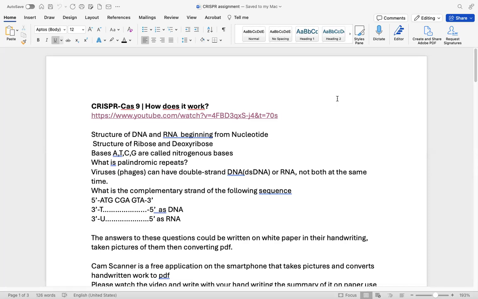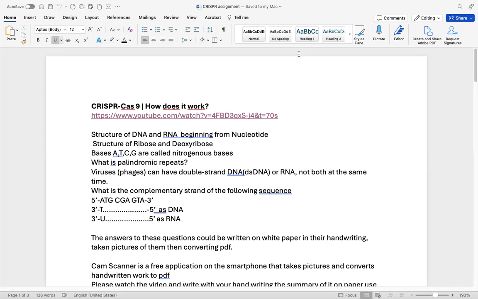We have actually discussed that during our DNA-based biosensor. Remember when we learned about biomarker? Ribose and deoxyribose are the sugar structures involved in DNA and RNA, right? All right.